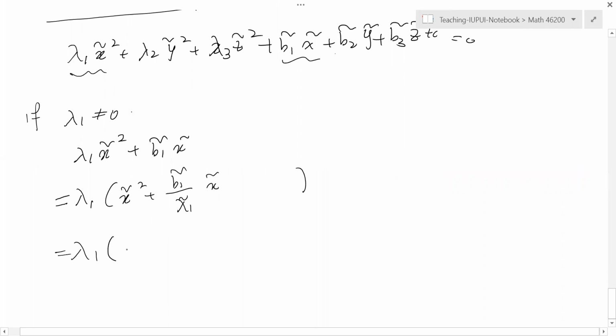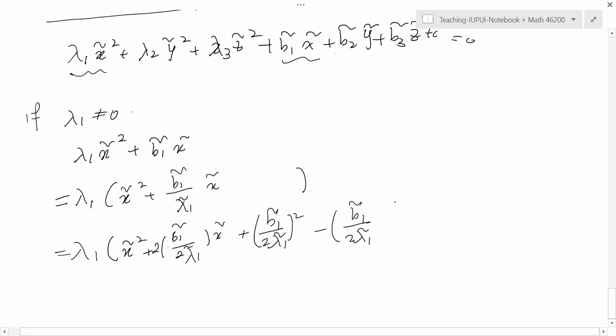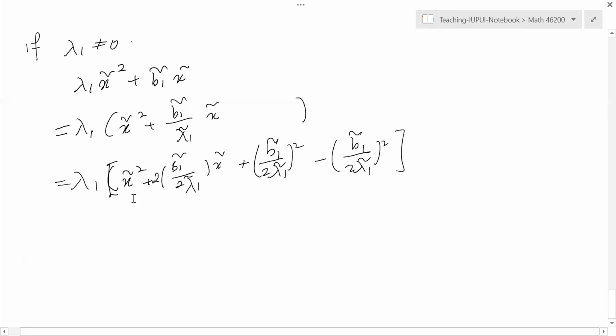You have to add half of that, squared, so that will be twice, plus b1² over 4λ1². And you have to subtract it because this is an identity. Then those three terms can be combined. That is called completing the square.